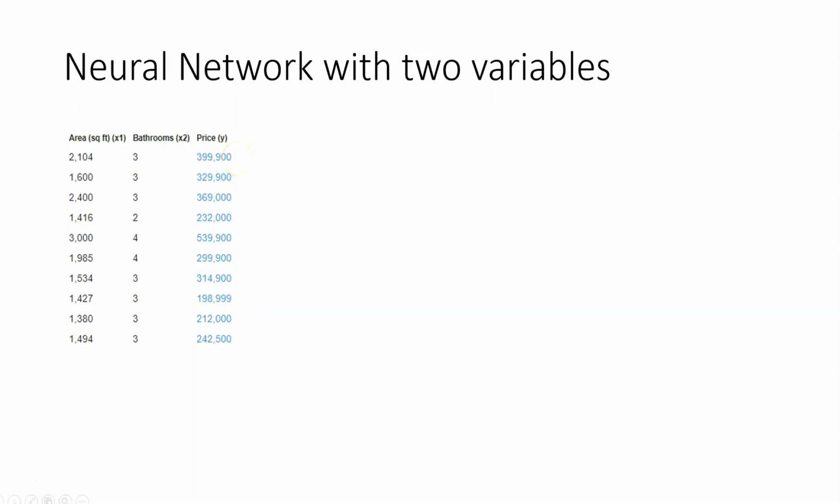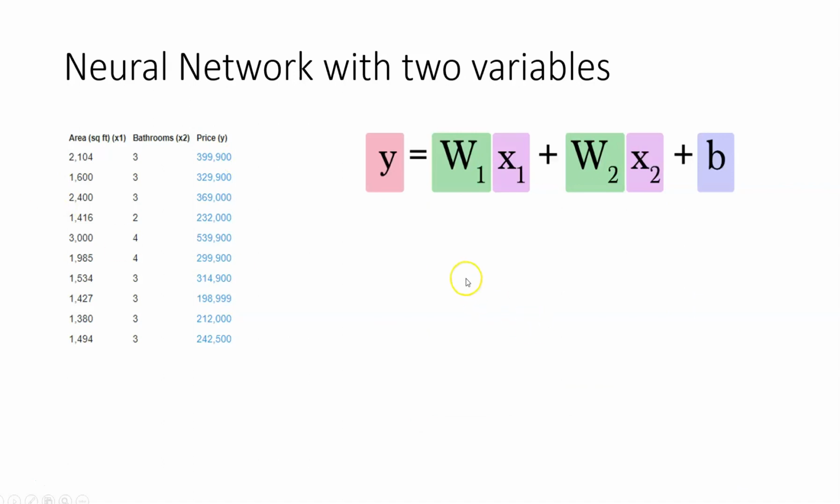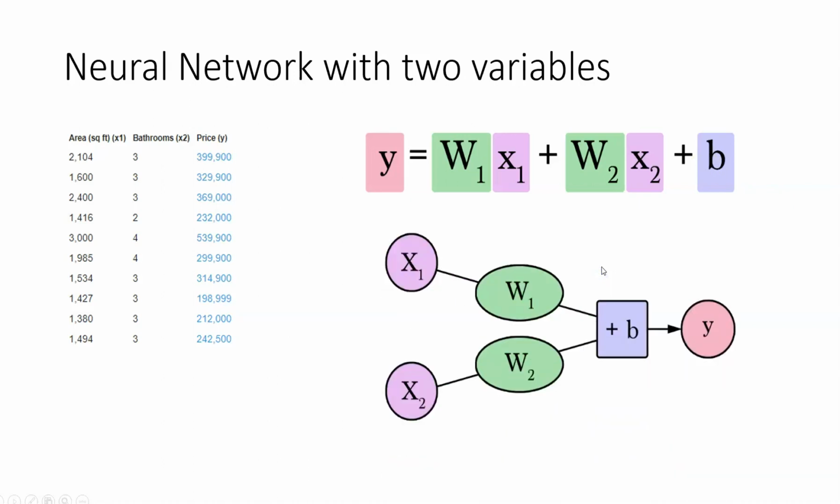In that case, my new neural network will have the formula y is equal to w1x1 plus w2x2 plus b, where of course x1 and x2 are the two attributes, w1 and w2 are the parameters or the weights, and b is the bias. In that case, the neural network will now be something like this.